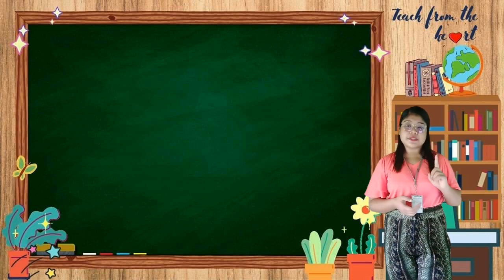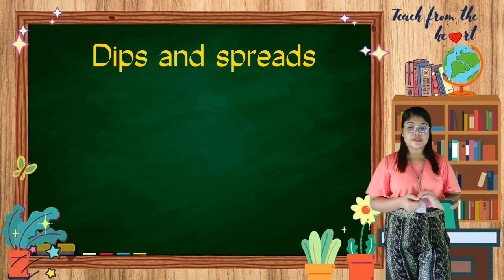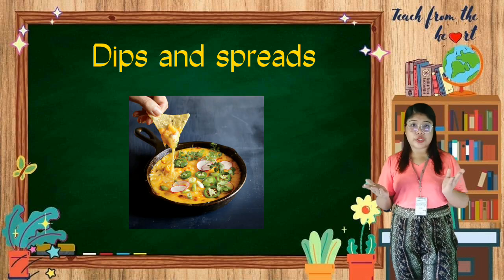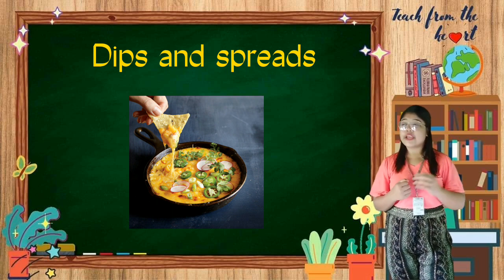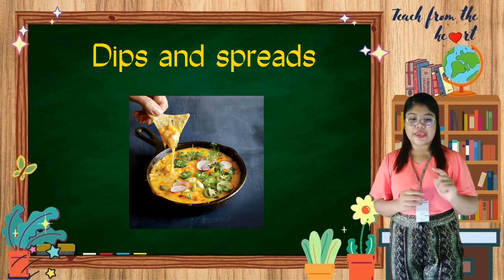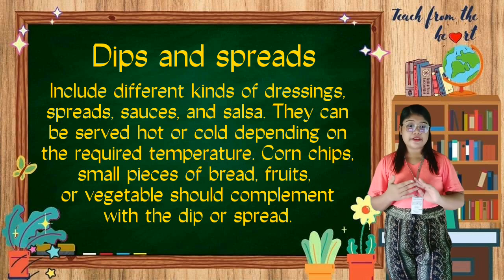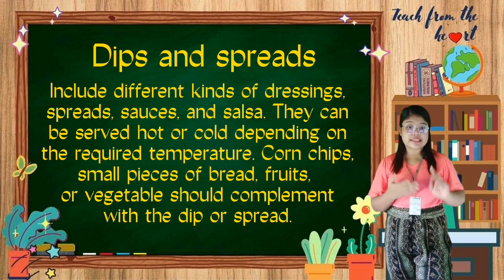The second type of appetizer, class, is dips and spreads. So, what are your observations in this picture, in dips and spreads? Anyone from the class? Okay, correct. Dips and spreads include different kinds of dressings, spreads, sauces, and salsa.